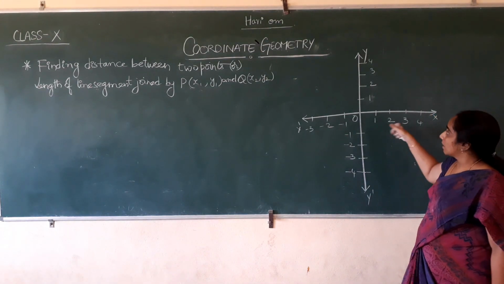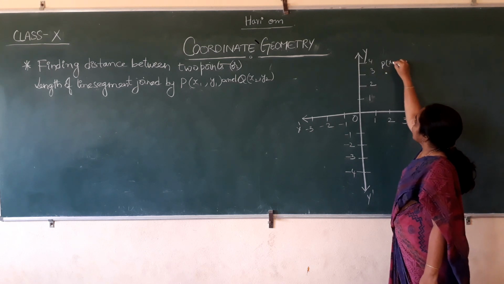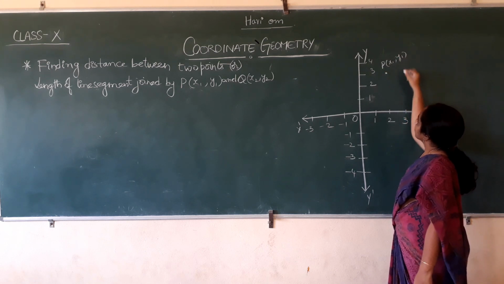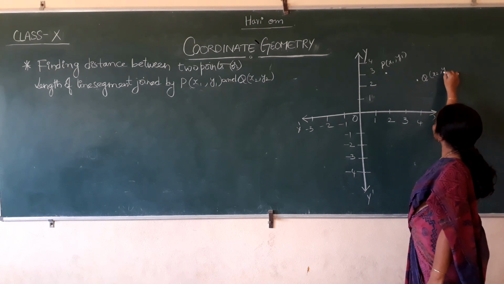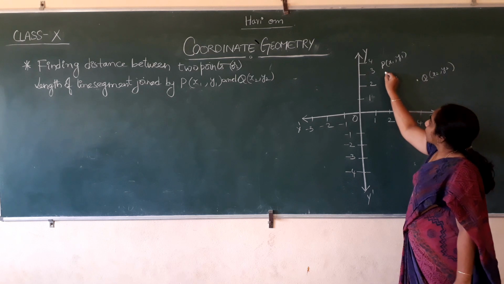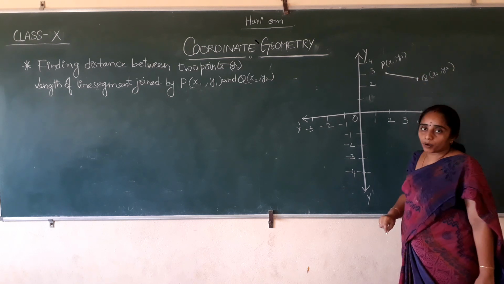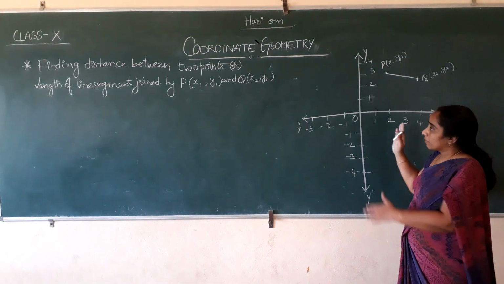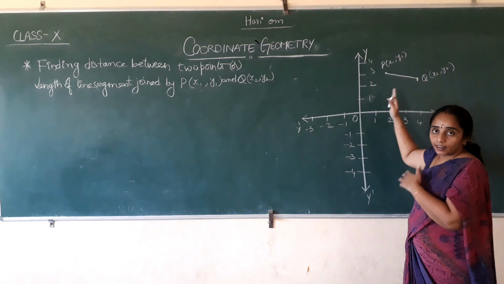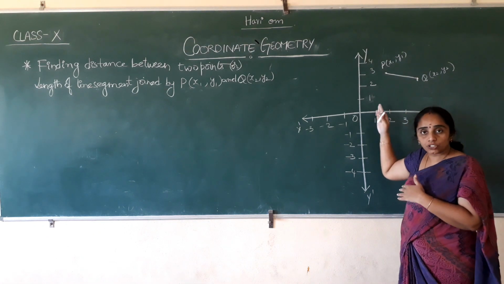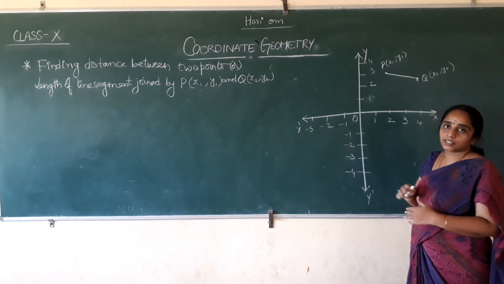In this, I have taken 2 points P(x1, y1) and Q(x2, y2). Finding the distance between these 2 points and the length of the line segment joined by these 2 points are the same.